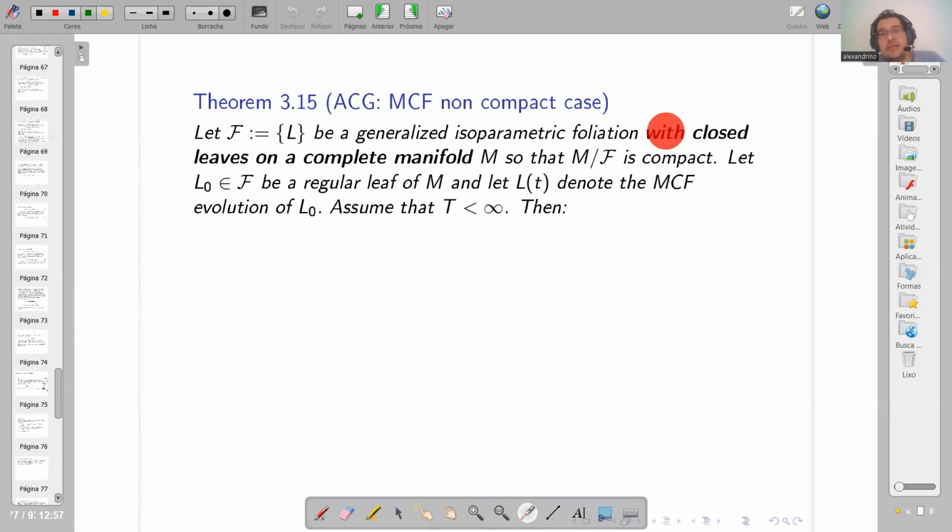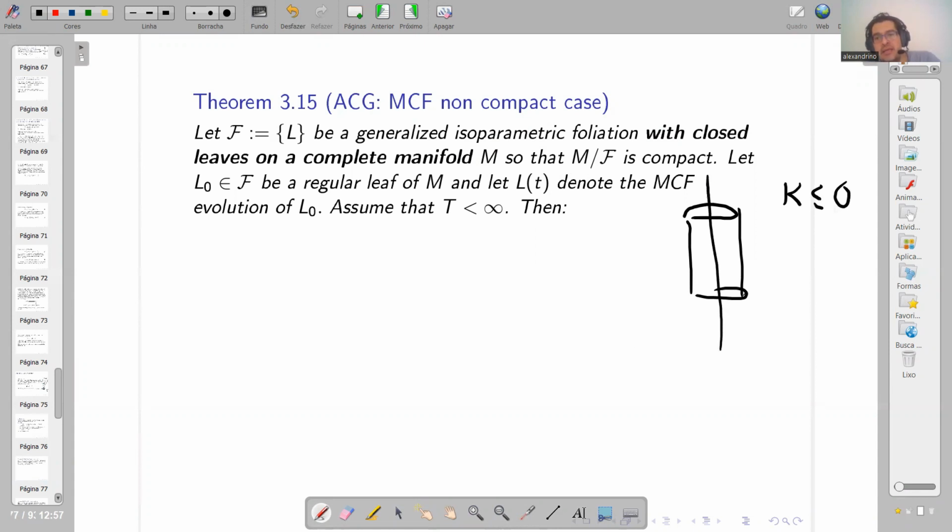But the point was, what happens if M is not compact? When we are dealing with the isoparametric foliations already in symmetric spaces, there are a lot of examples of foliations in the non-compact case. And even if you are near a tubular neighborhood, what happens?